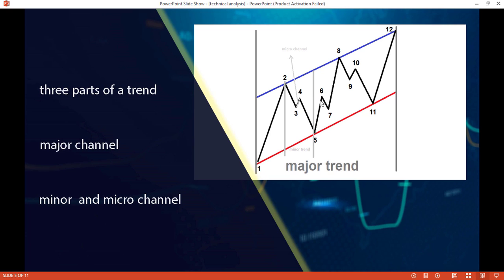Unimportant news makes these movements, like the number 9 to number 10 movement.